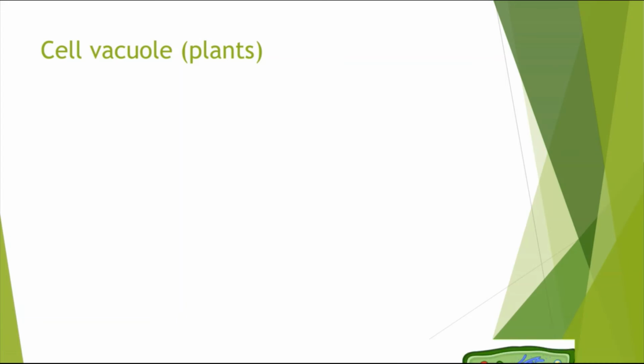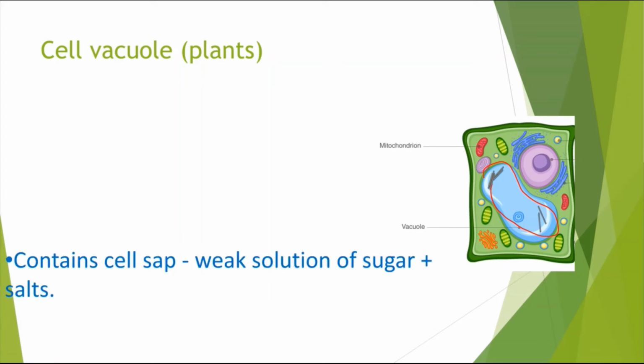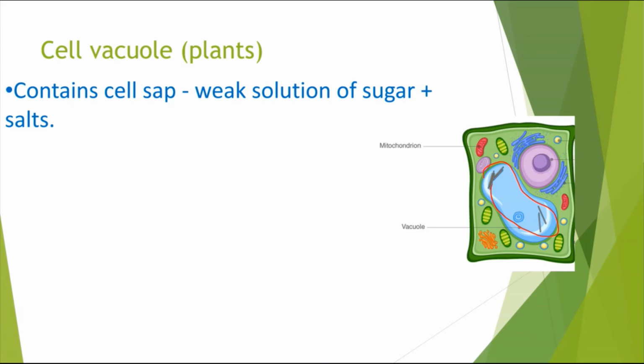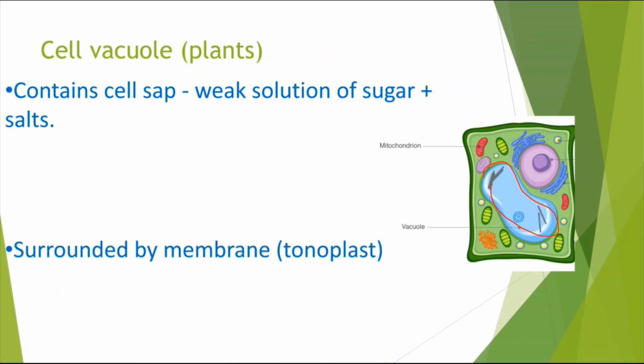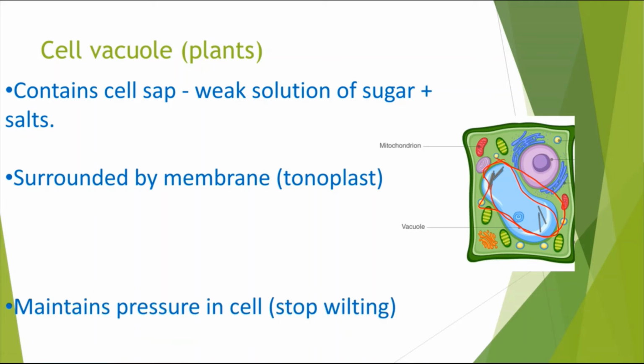So now the cell vacuole. So this is plants. So this is the cell vacuole. So what it does is it contains the cell sap, which is basically a weak solution of sugar and salts, and it's surrounded by a membrane. So the cell vacuole has its own membrane, which is called the tonoplast. You do not need to know that.